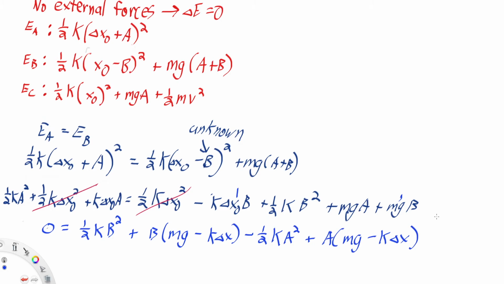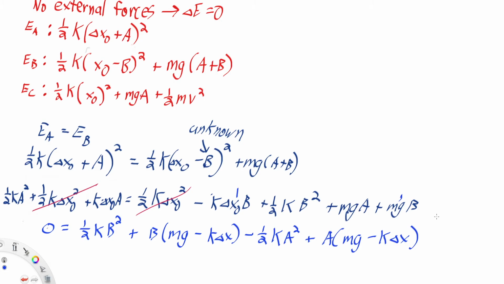We assume at this point we know that we could solve for b as a function of a. If nothing else, we could use the quadratic equation. But let's look at the terms that are quadratic in a and quadratic in b.